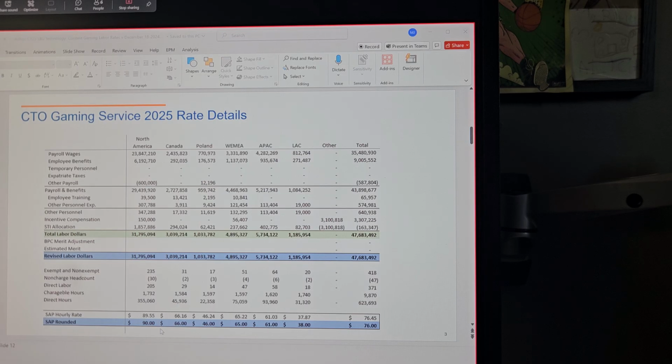Mike, where do you get the 33%? Because our benefit rate is 25%, so all of our benefits are 20. Yeah, it's 33% because you're adding in STI and all that other stuff. Right. Okay, all right.